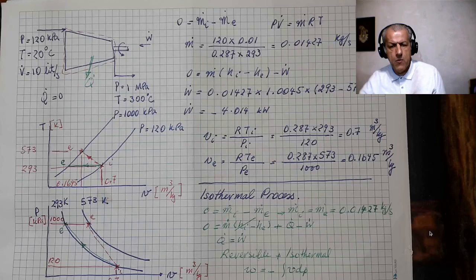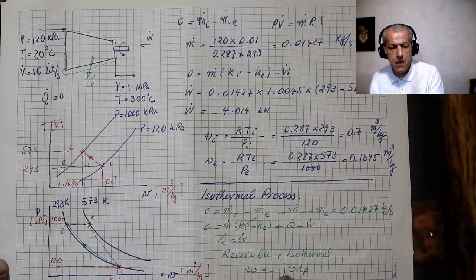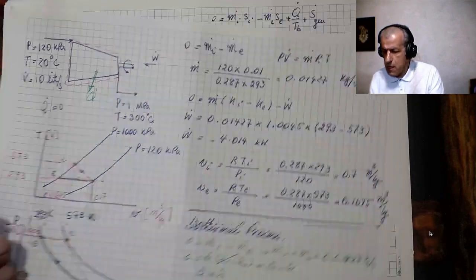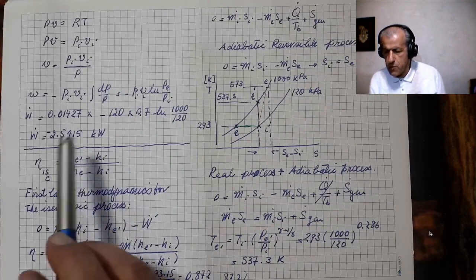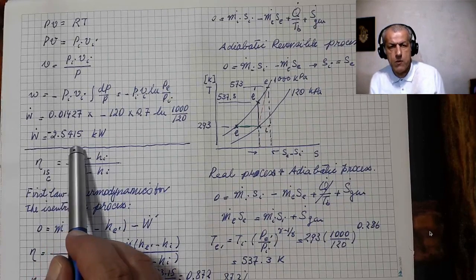When I was talking about isothermal process, I managed to calculate work from this equation, minus integral VdP, and it ended up to be minus 2.5415.